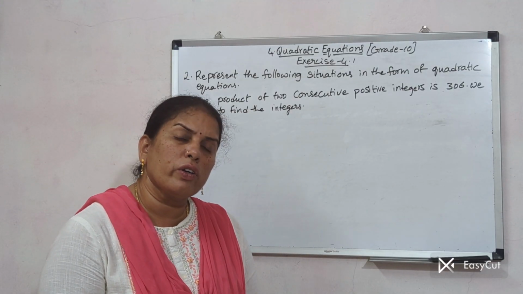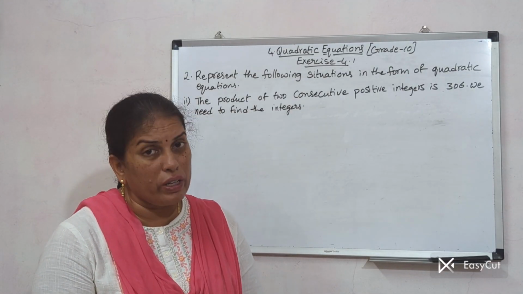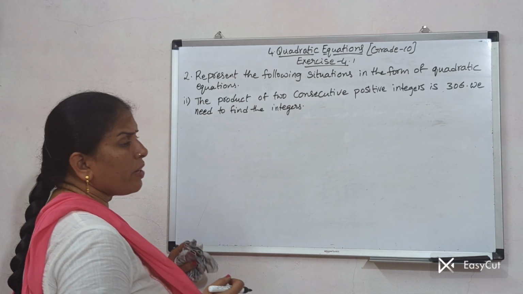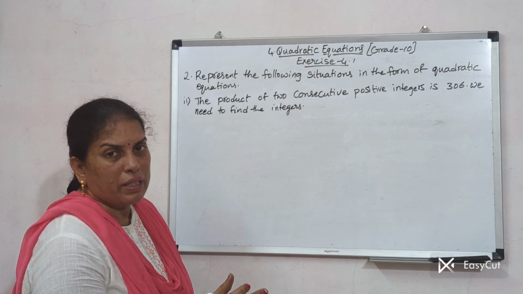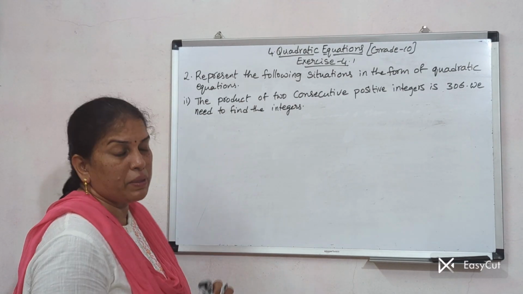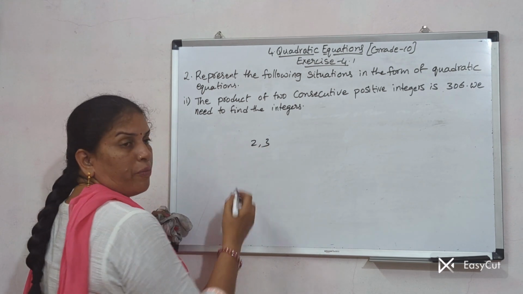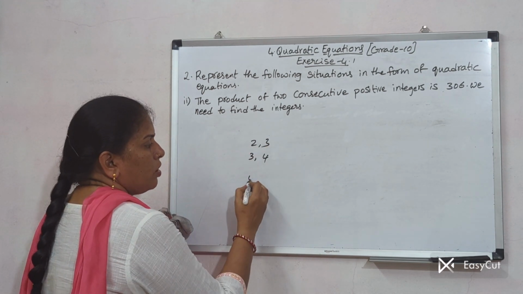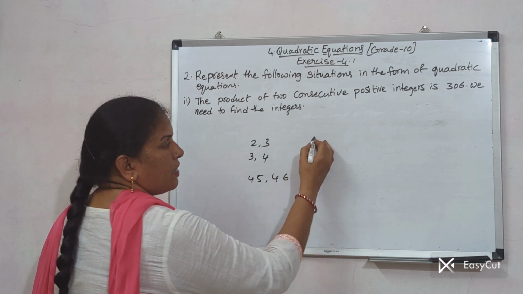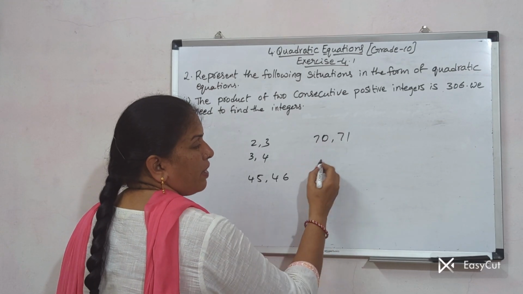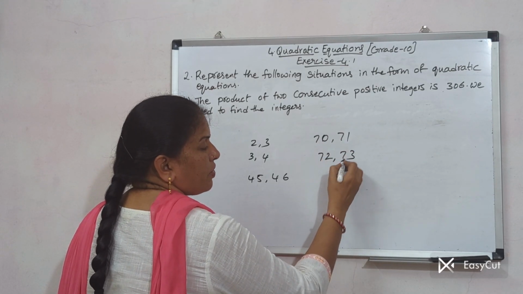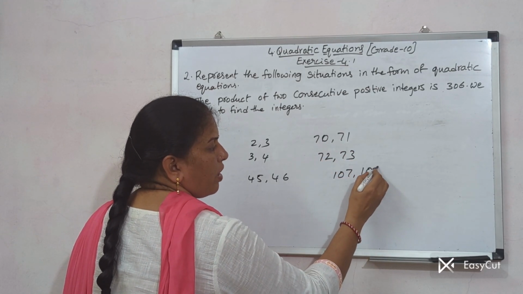What are consecutive integers? Consecutive numbers means next numbers, that means beside numbers. 2, 3; 3, 4; 45, 46; 70, 71, 72, 73; 107, 108.